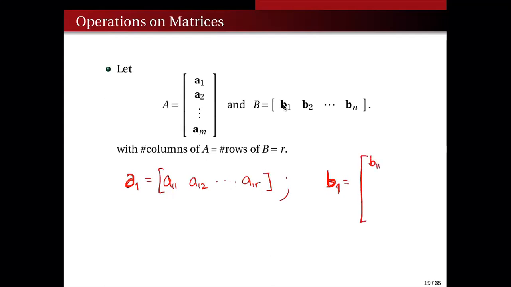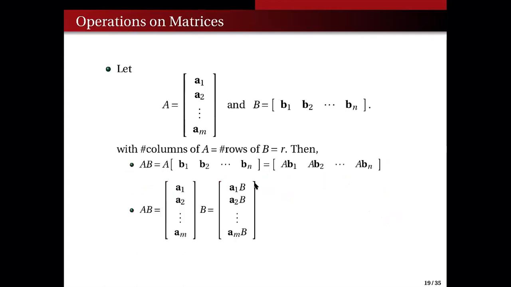This is b11, b21 until bR1. Okay? So the number of rows of B equals the number of columns of A. Then we can talk about multiplication.